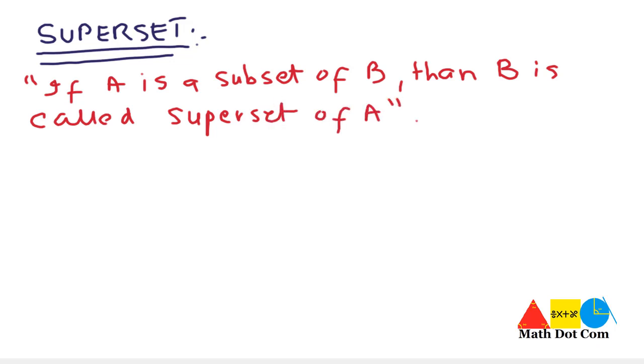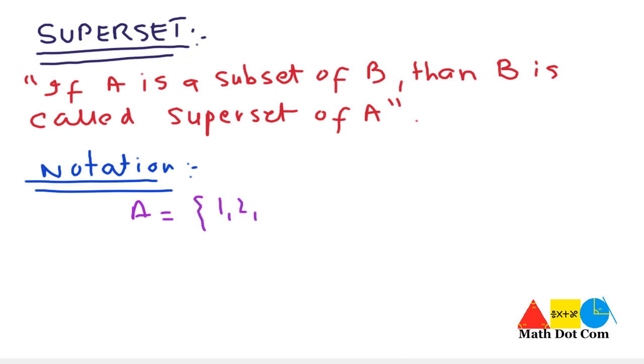Superset means having all the elements. For example, A has 4 elements and B has 5 elements. Then we will say B is the superset of A. So what is its notation? We can write A equals 1, 2, 3, 4, and B equals 1, 2, 3, 4 and 5.